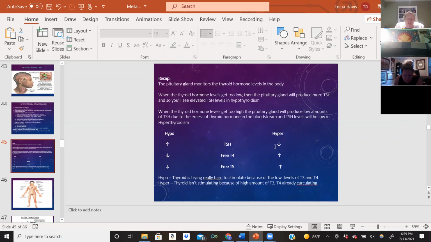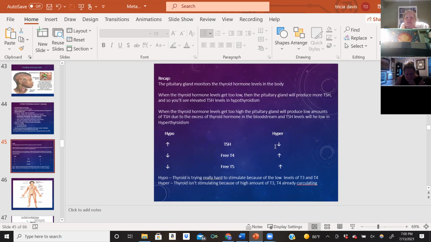So if your thyroid hormone levels are low, then your pituitary gland is going to make more TSH. If your thyroid hormone levels are high, then the pituitary gland is going to stop making TSH. So if you have hyperthyroidism, your TSH is going to be decreased.